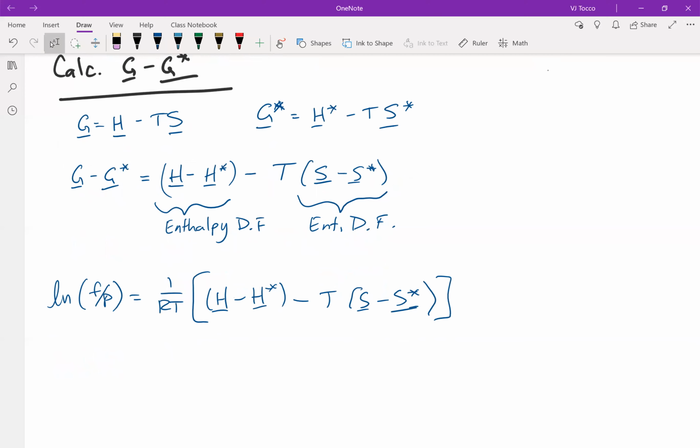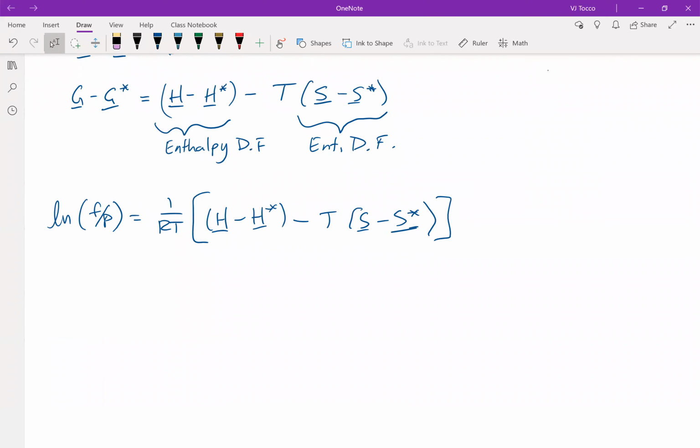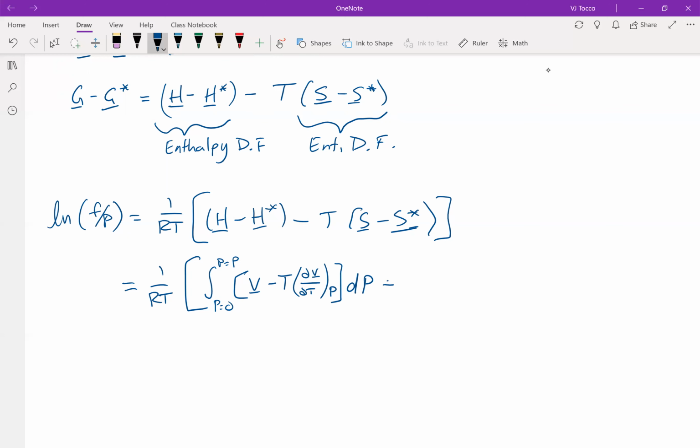Going back in my notes, it's 1 over RT, and H minus H star was the integral from P equals 0 to P equals P of V minus T dV/dT at constant P, times dP, and I need to close my bracket there. Plus, it's a plus because the entropy departure function is negative. So you have a little bit of work left to do in deriving this. This T is the same.